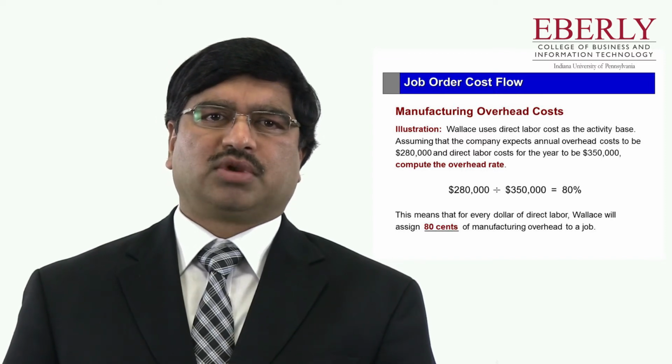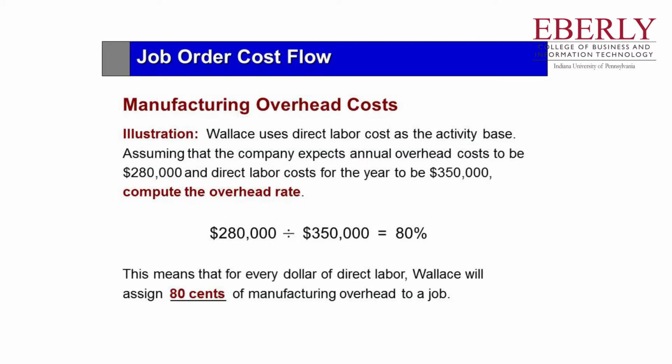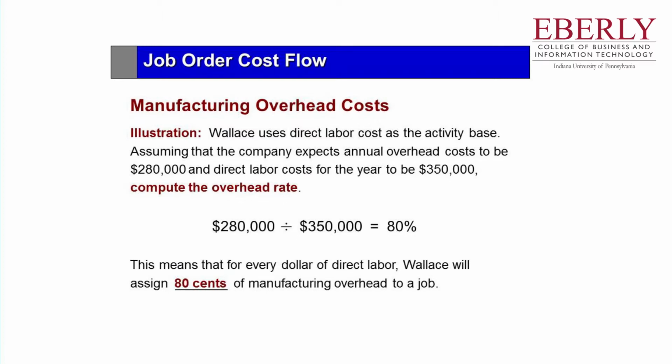So using our formula, expected overhead divided by the expected activity, in this case 280,000 divided by 350,000, gives you 80%. Since both numbers are in dollars, one dollar number divided by another gives you a percentage, 80%. What does this really mean? This really means that for every dollar of direct labor cost, Wallace is assigning 80 cents of manufacturing overhead to a job.